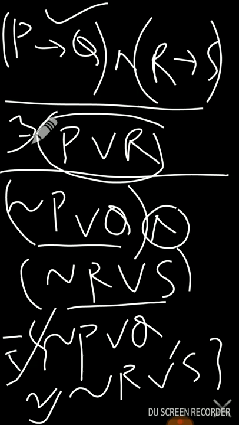Now we'll prove a conclusion based on these three. So I'll write them down again. The first one was this, the second one was this, and the last one was this. Okay.